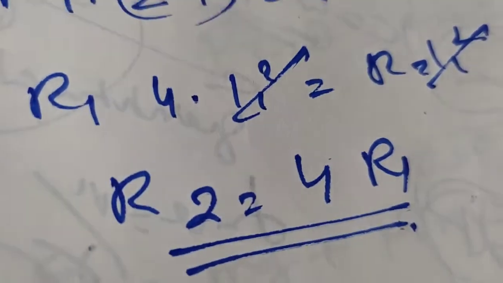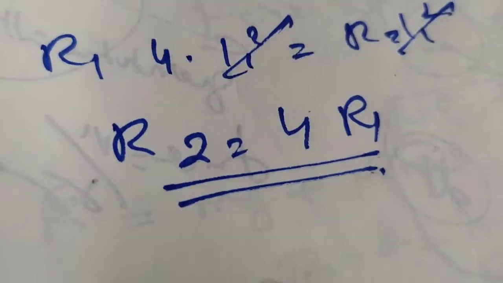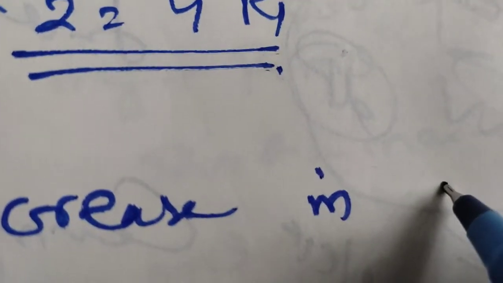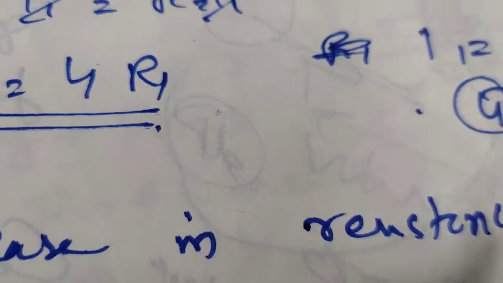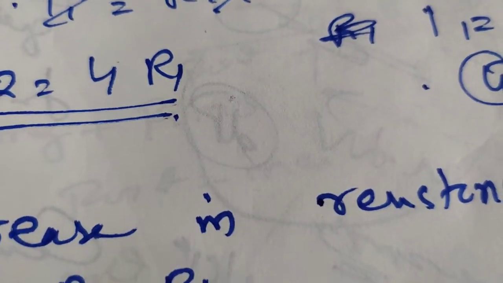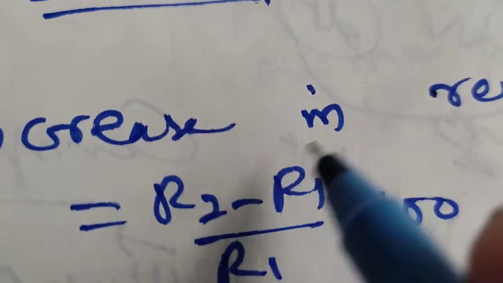Now we want to find the percentage increase in resistance. It is (R2 minus R1) by R1 into 100, the difference relative to the original.